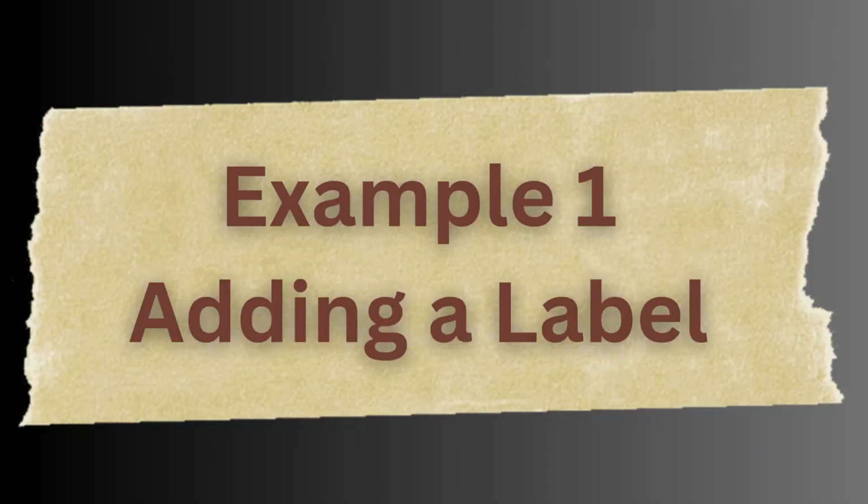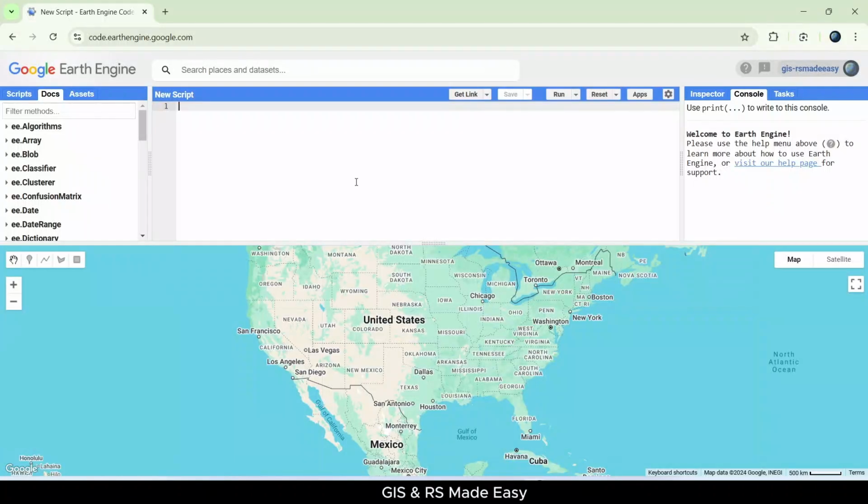We will add a label first. Let's go to the code editor and make a variable named label, UI dot label. Let's type a label within the apostrophe.